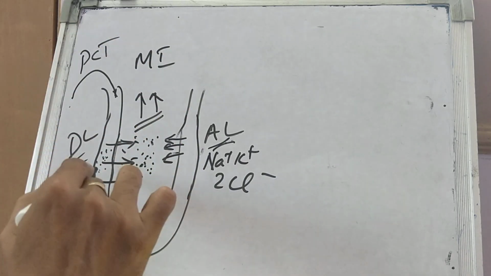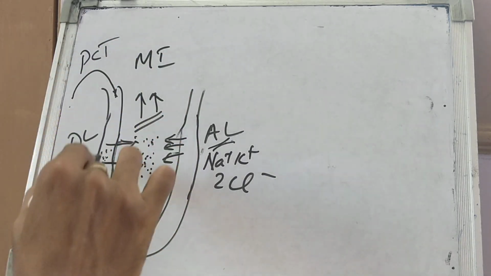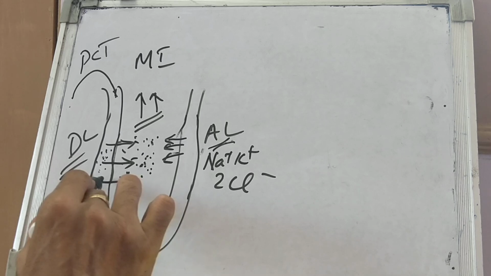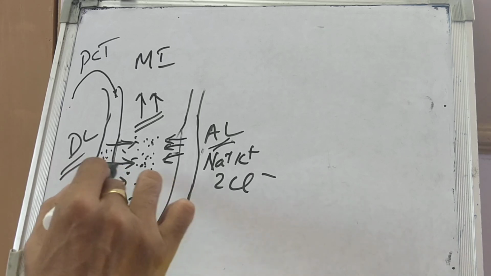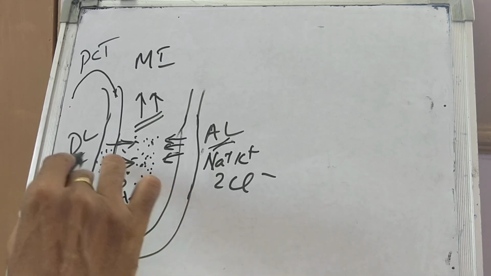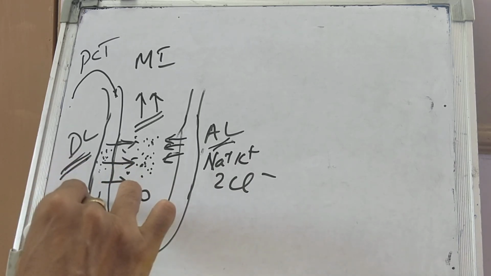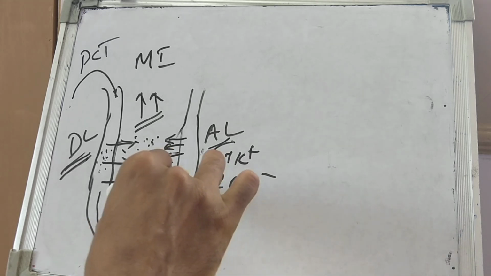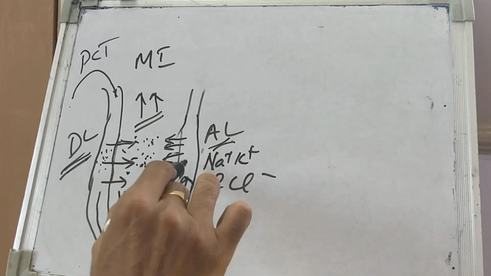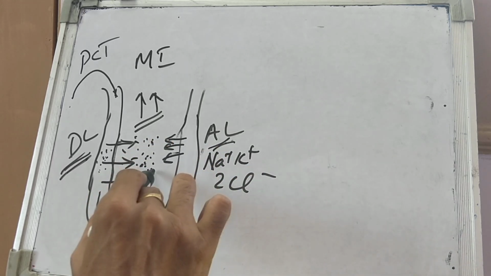That is always happening. So this solute entry is constantly taking place and water alone is moving, and this increases the solute concentration in the descending limb. And the third one is this increased solute will move into the ascending limb, and when it comes to the ascending limb, they will be reabsorbed into the medullary interstitium.